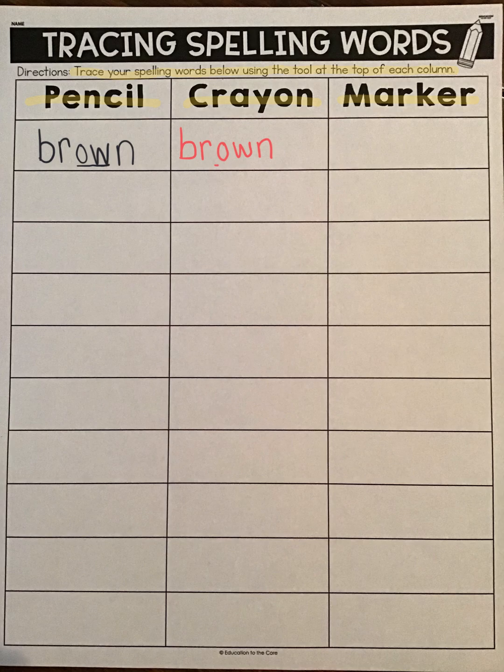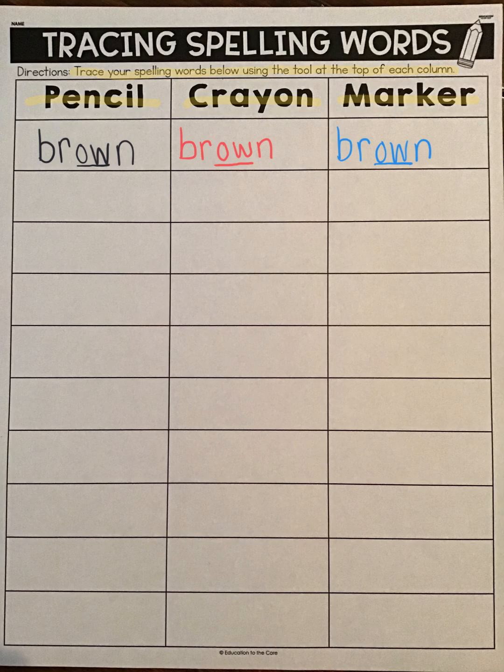Again, please underline the vowel team. And last, we're going to write in marker. B-ow. Brown. Underlining the vowel team that says ow.